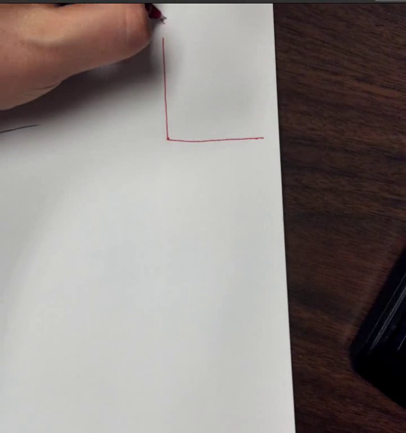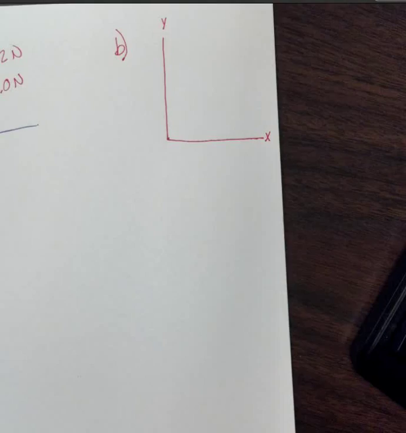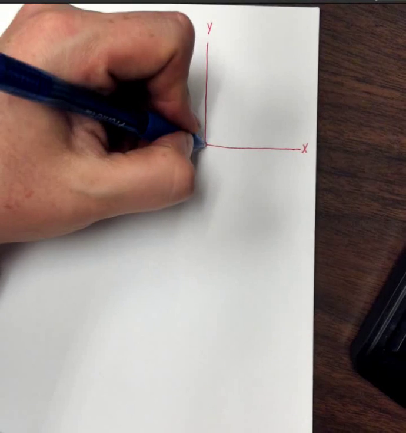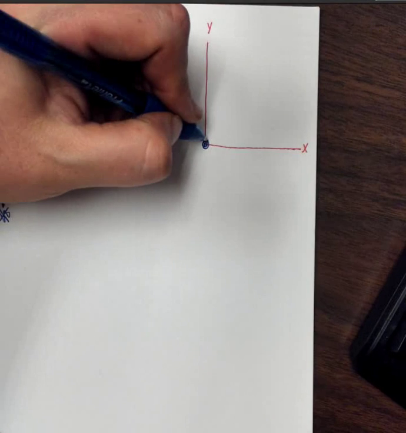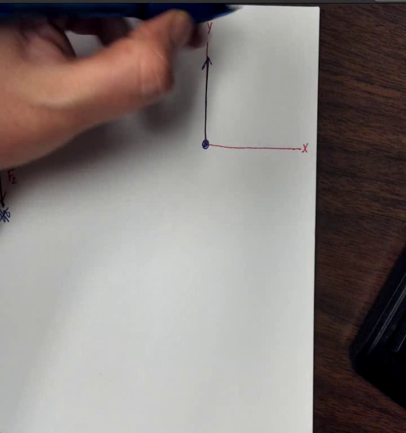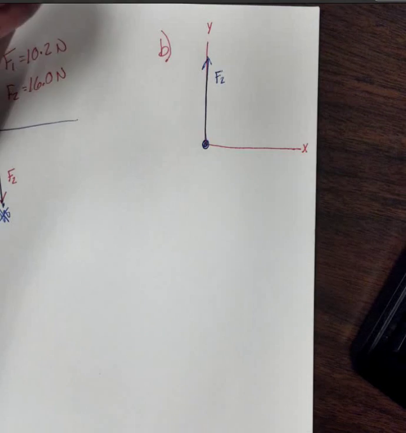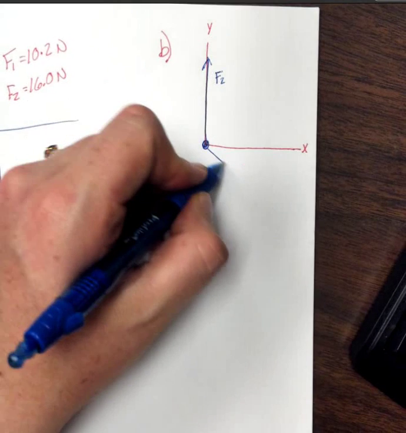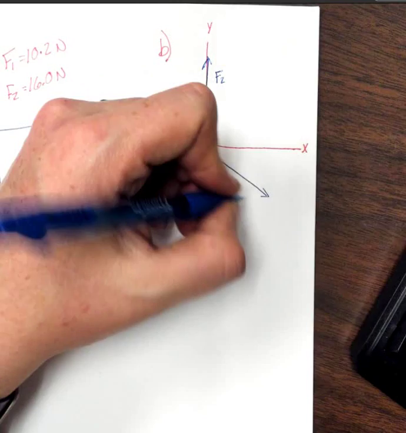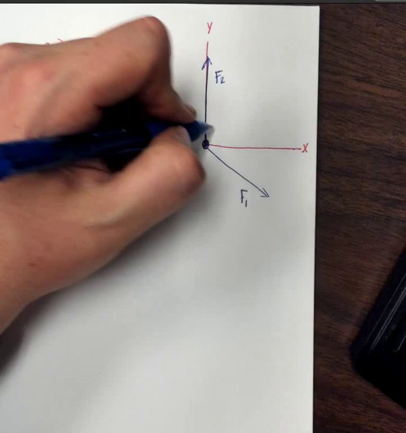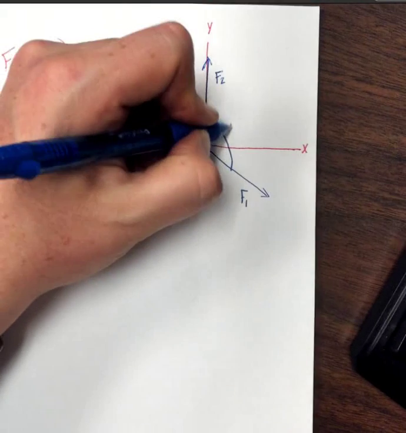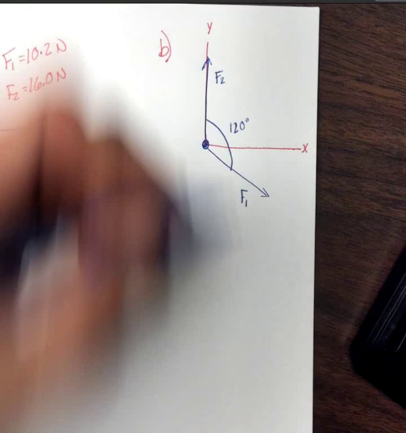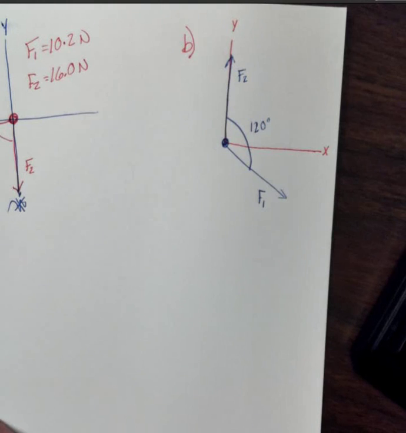Part B, here you have an axis where this is your y and this is your x, and you have the object which is experiencing F2 along the y-axis, but F1 here is separated by 120 degrees from F2.